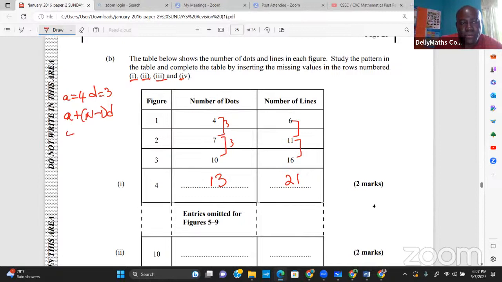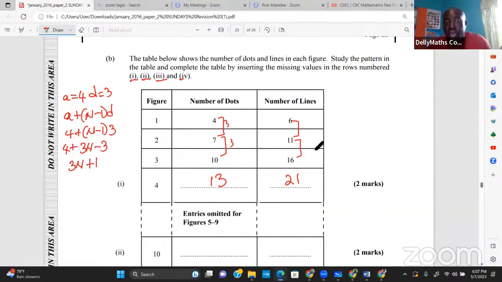A, let's substitute 4 plus n minus 1 d is 3. We're going to distribute that 3 inside. So write back your 4. 3 times n becomes 3n. 3 times negative 1, negative 3. Simplify this right now. 3n plus 1.